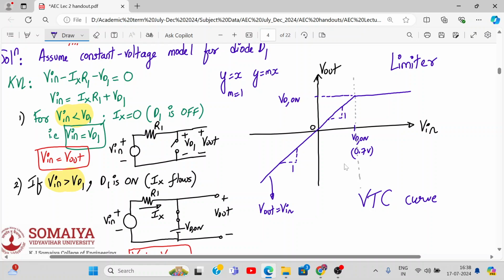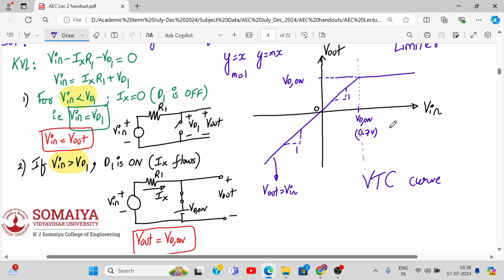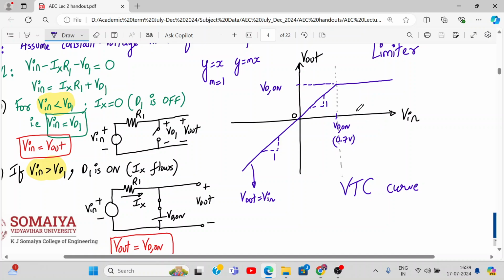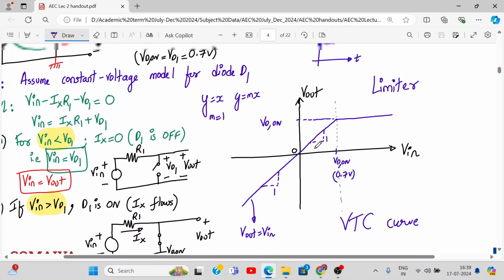So have you understood how we have drawn this VTC curve? Everyone? What you didn't understand about VD on?